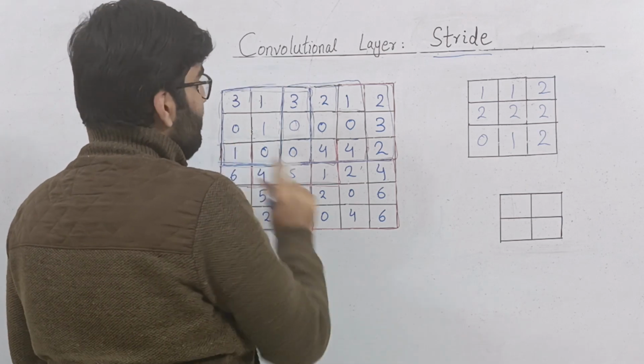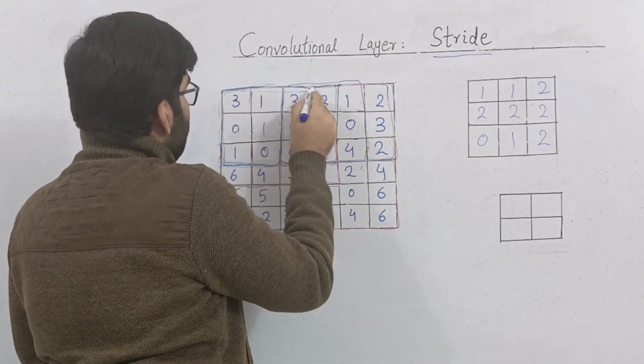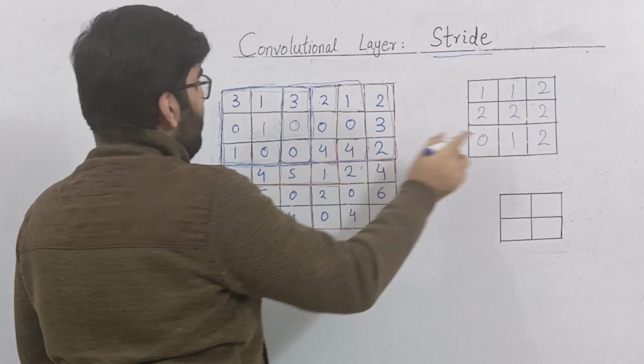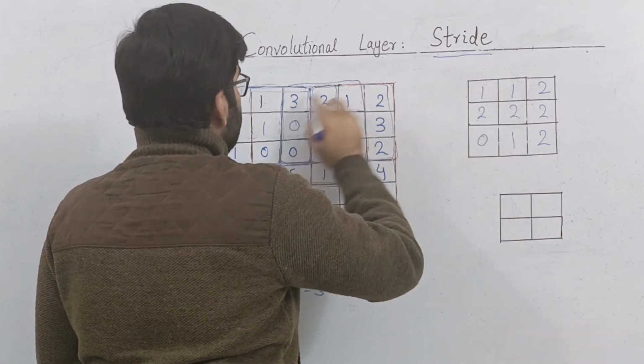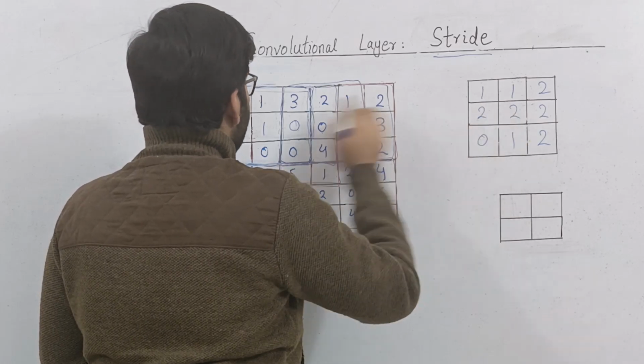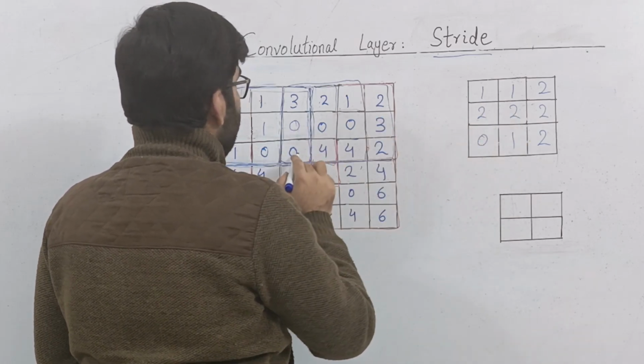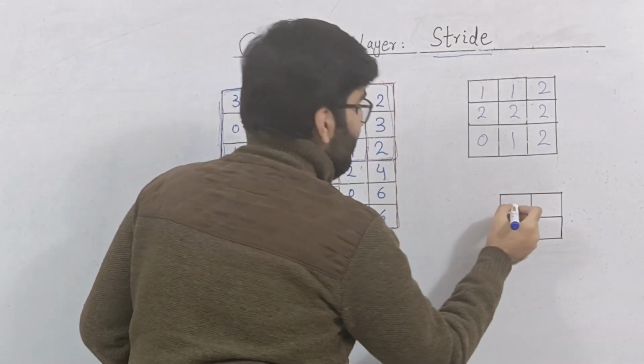So, let's calculate the entries. When we are here, we apply this kernel 1 into 3 and 2 by 1, 0 by 1 and all zeros. We will get a 12.